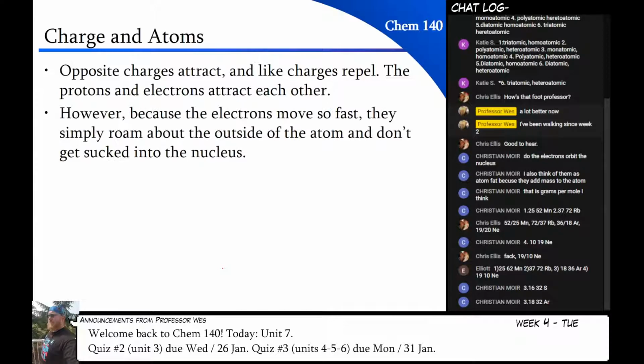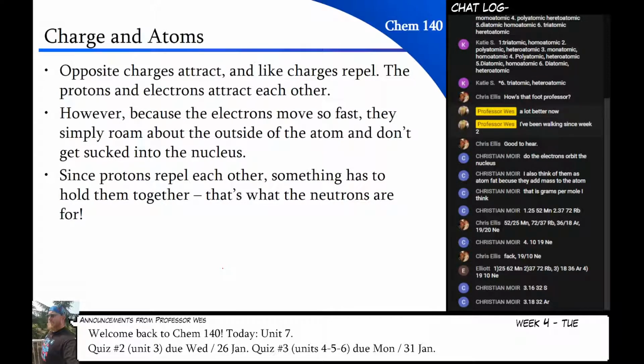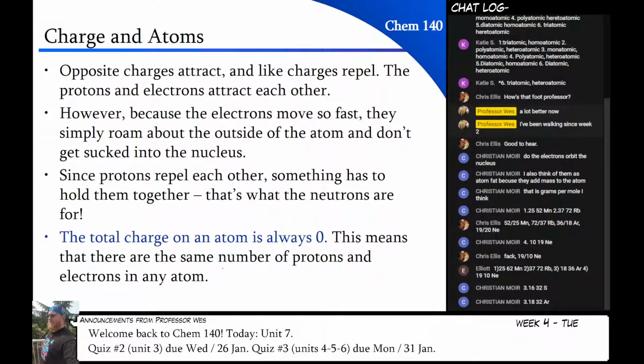All right. We have talked about everything on this slide other than this conclusion at the bottom, which is very important. The total charge on any atom is 0. So we did say that the same number of protons and electrons must be on a neutral atom. Otherwise, the charge wouldn't be 0.